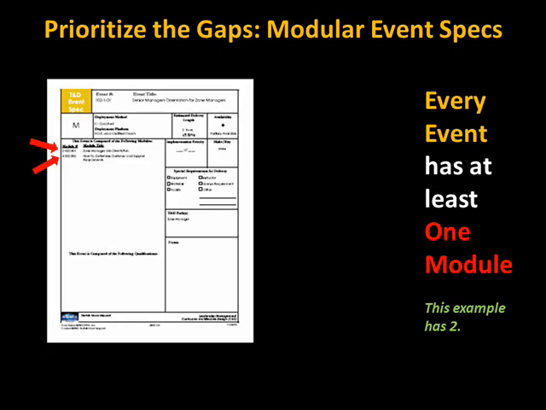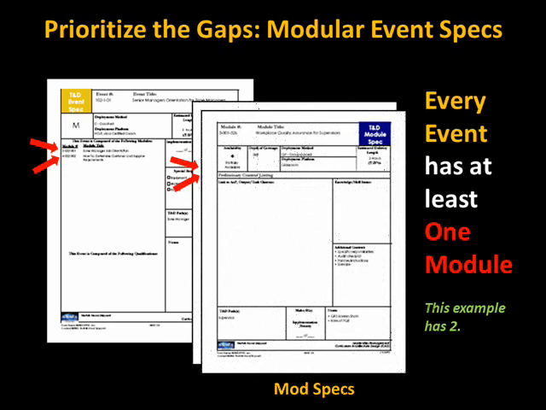The modules inside the event, of which there are 2, have various content in them. And the content in the boxes, which has been blanked out here, but the content from the analysis, what outputs and tasks are performed, what enabling knowledge and skills, that would all be populated in this module spec, or module specification.